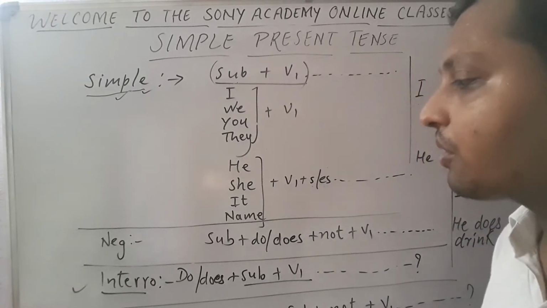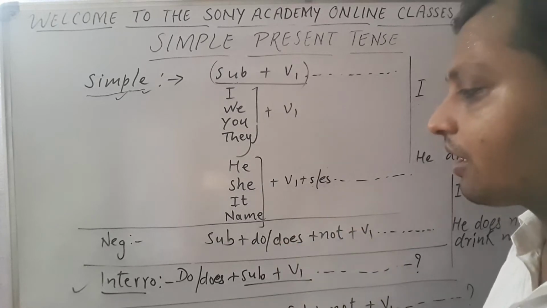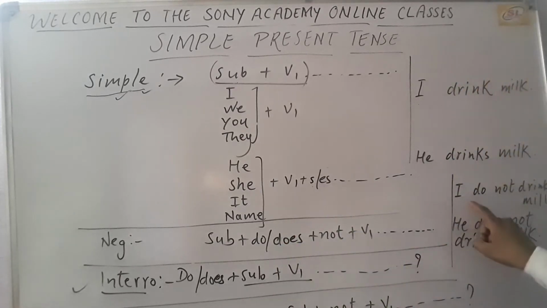Before I go to the third sentence, here is an example: I do not drink milk. I do not drink milk, which is the negative sentence of this tense.